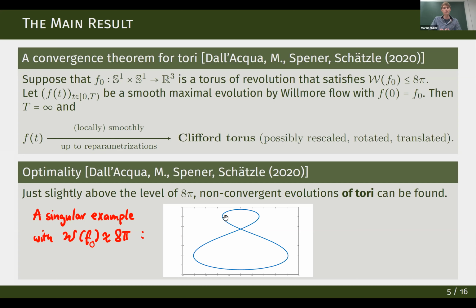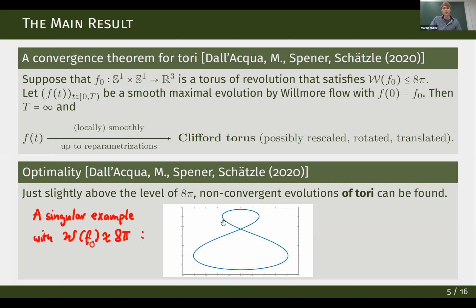You can also find a whole class of singular examples for tori of revolution, and they will all look like such an 8-type curve, such a figure 8. This is actually a curve which I plotted here that has Willmore energy of 8 pi plus 0.01 or something, so not much more than 8 pi, and its evolution will be singular.